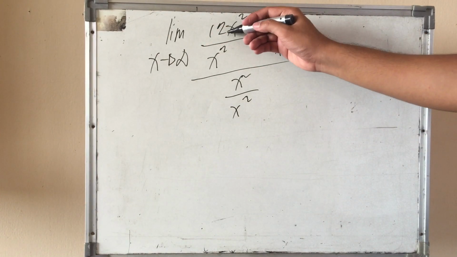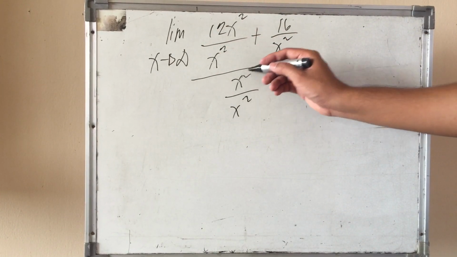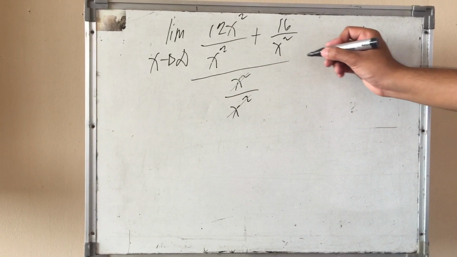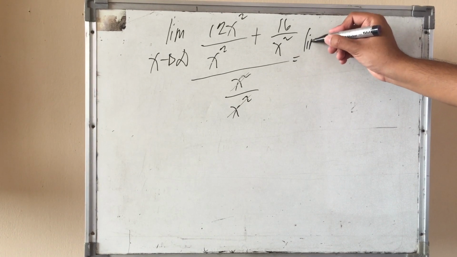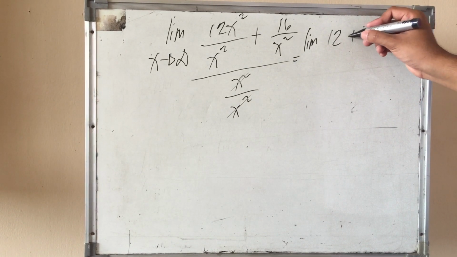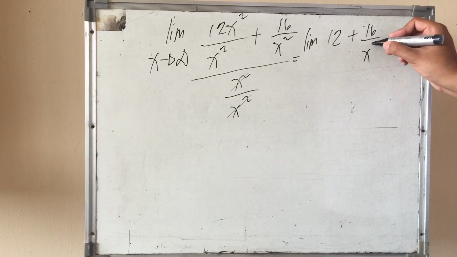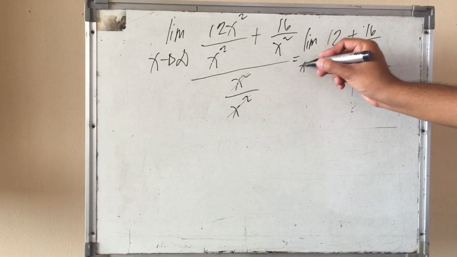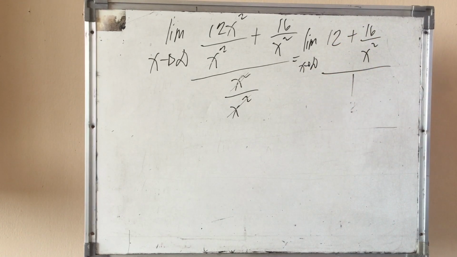Cancel out x squared and x squared. So this is equal to the limit of 12 plus 16 over x squared, divided by 1, as x approaches infinity.